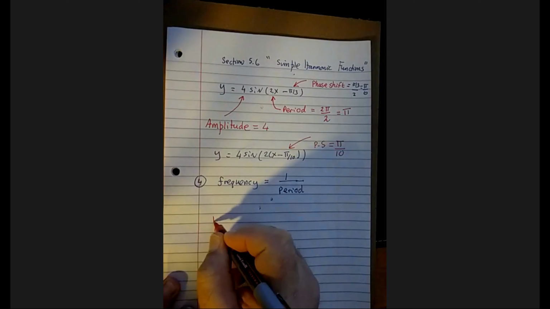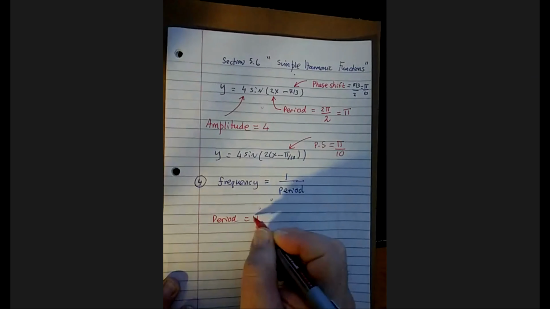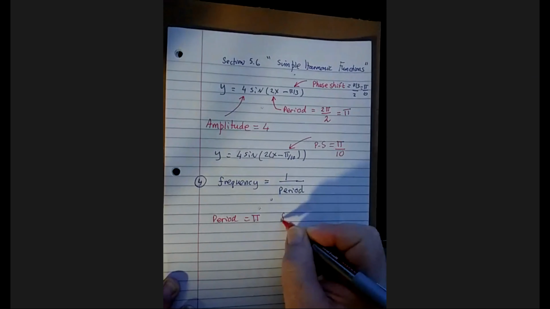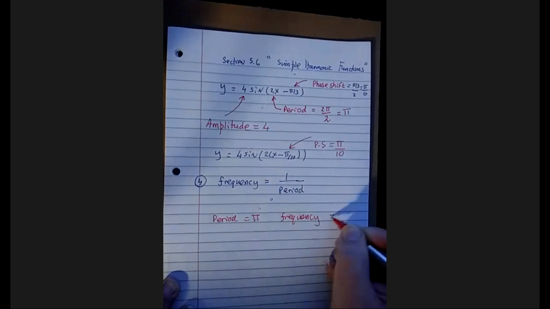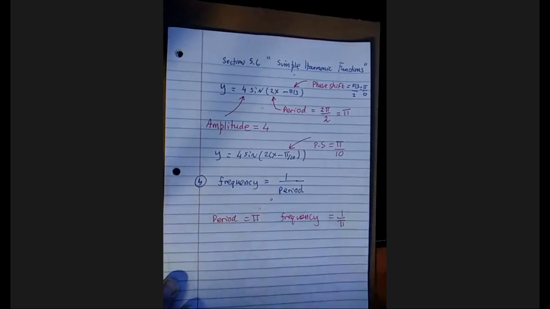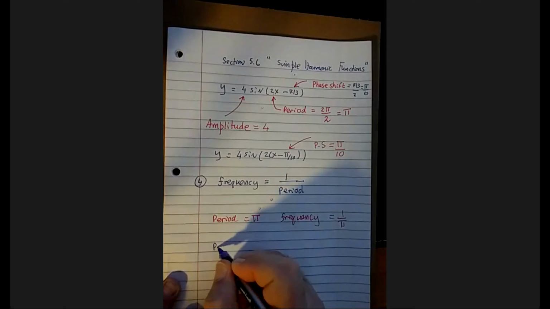If I do the period, it was pi. In this question, then, the frequency would be 1 over pi, right? Suppose a different question. The period was pi over 4.